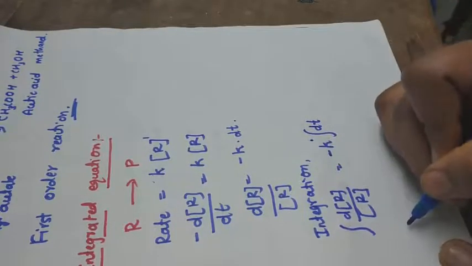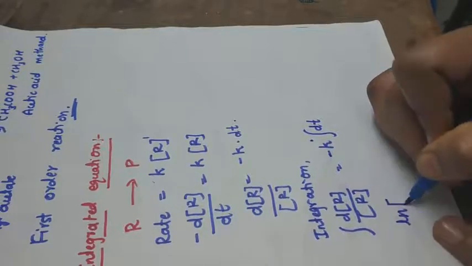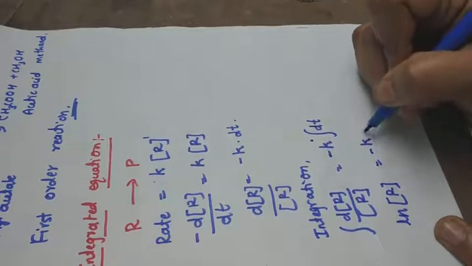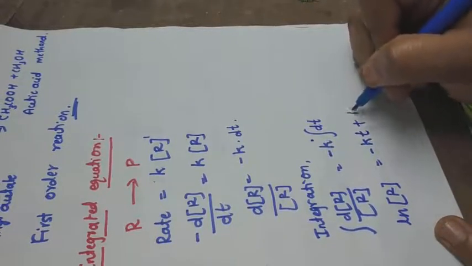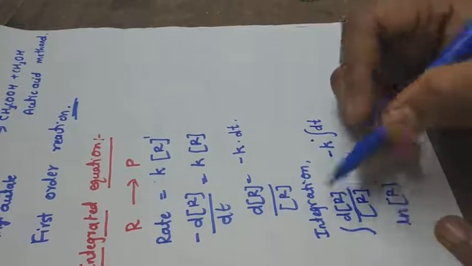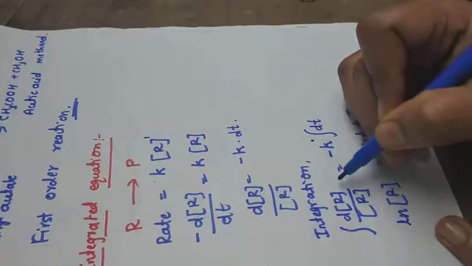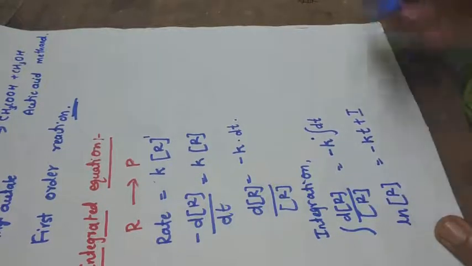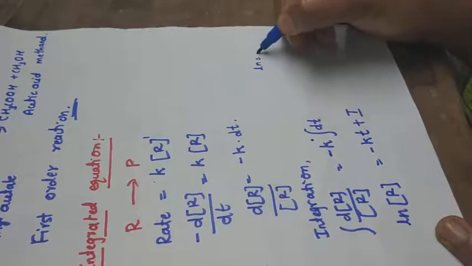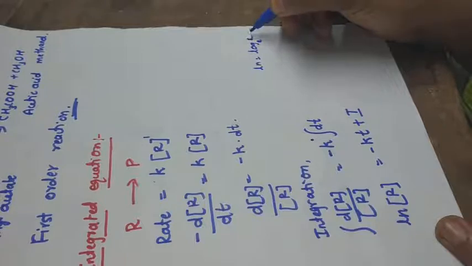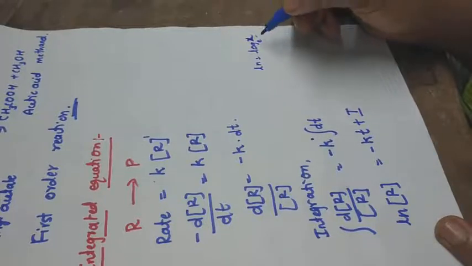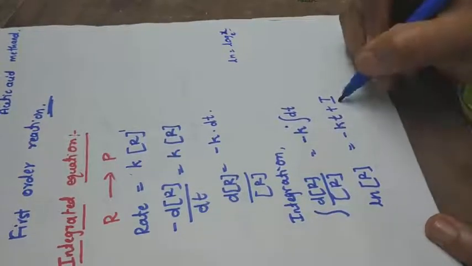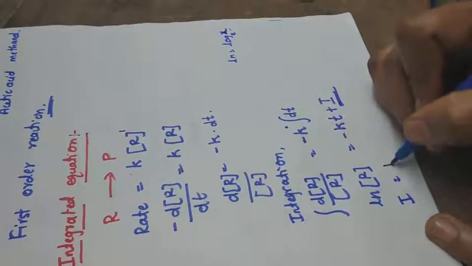Okay, so we will get natural logarithm of R, okay, equal to minus k into t plus I. Okay, so integration of 1 by R into dR equals natural logarithm of R. So natural logarithm we can write, this is also equal to log base e. Okay, so here I is an integration constant.